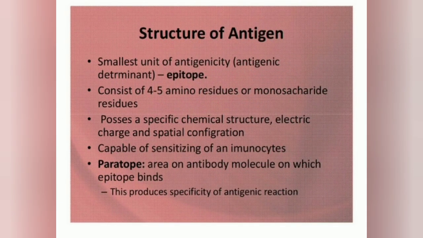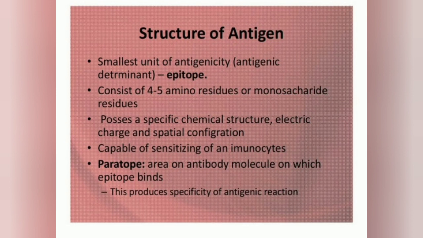To understand the topic, we have to know about the structure of antigen. The smallest unit of antigenicity, the antigenic determinant, is the epitope. It consists of 4 to 5 amino acid residues or monosaccharide residues.